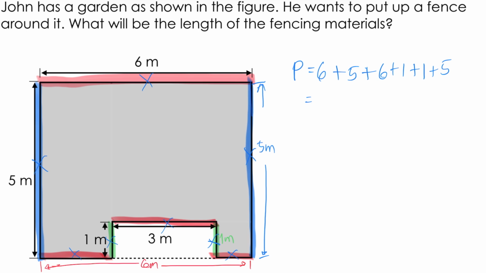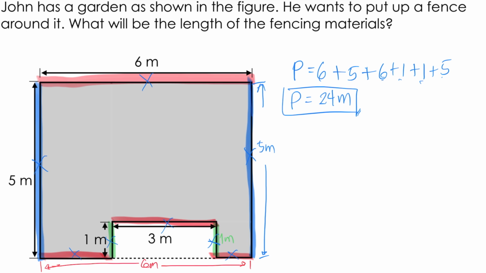So again, make sure that all the sides are accounted for before you start adding. Now I have here 6 plus 5 is 11, plus 6 is 17, 18, 19, plus 5 is 24. So that would be it for this problem.